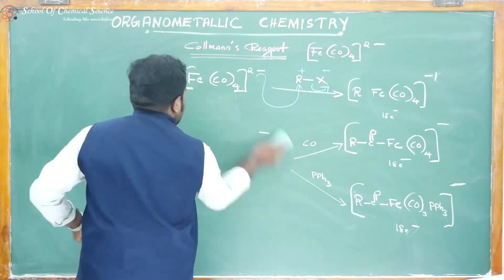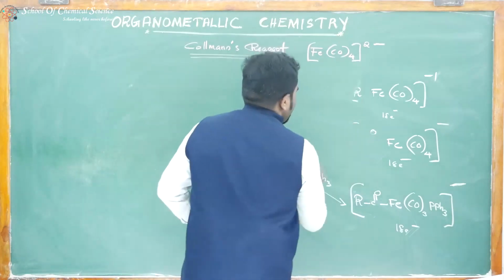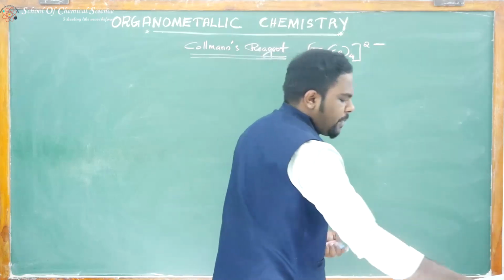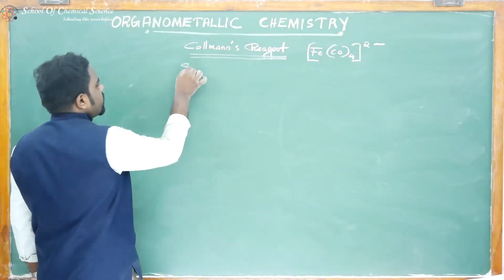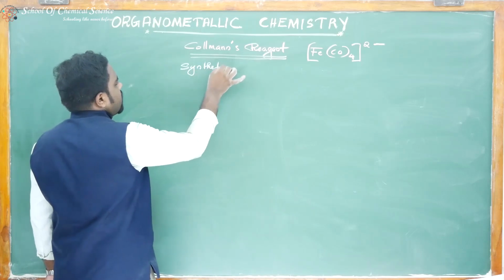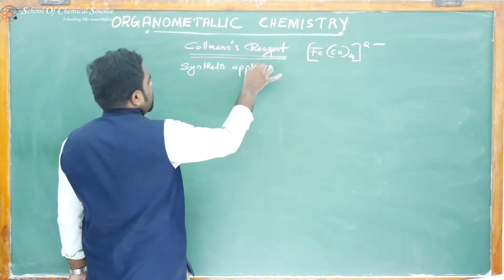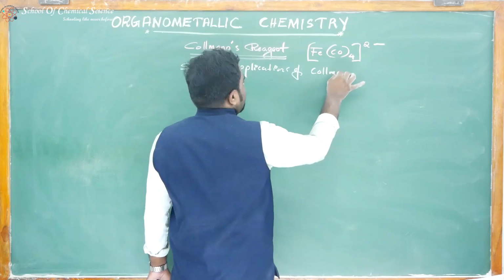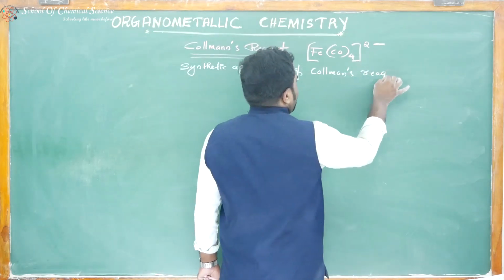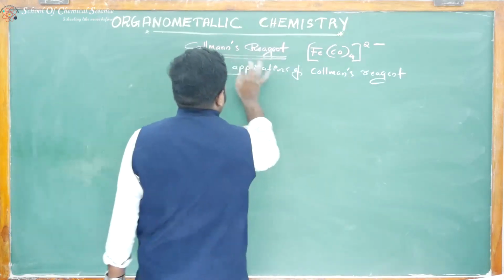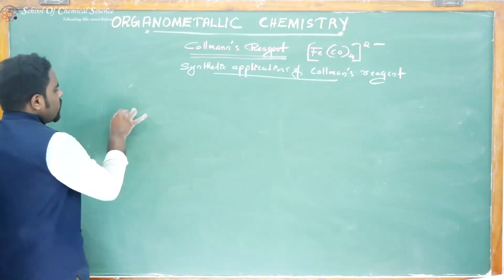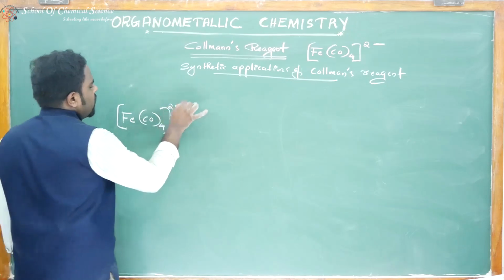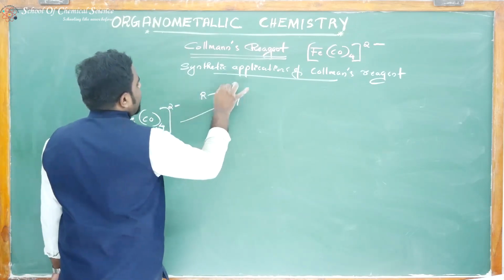Then some synthetic applications of Collman's reagent. You know Collman's reagent, Fe(CO)4 2 negative, on reaction with alkyl halide RX.